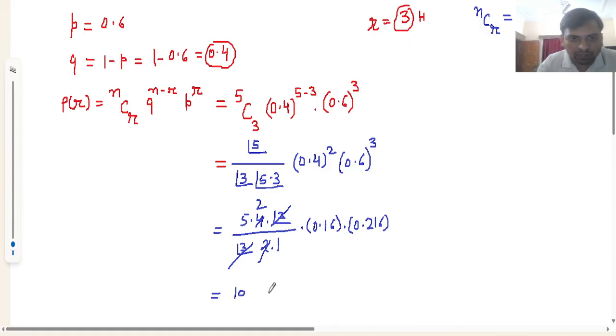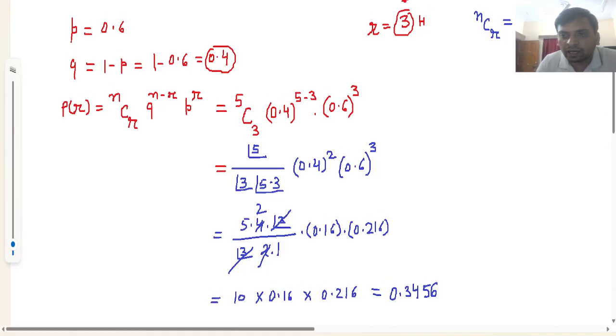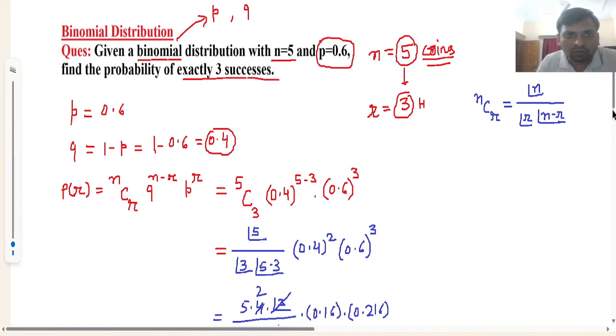On multiplication we get 0.16 multiplied by 0.216, and this multiplied by 10. So the answer for this question is 0.3456. This is the probability of getting exactly 3 heads out of 5, with n equals 5.